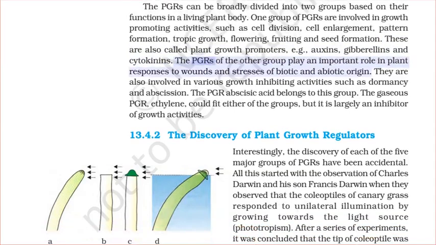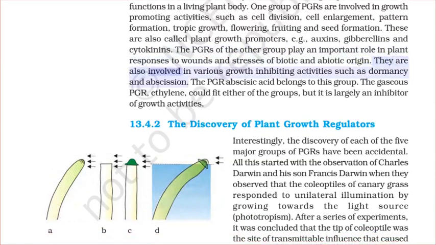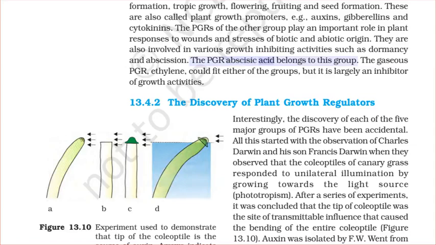The PGRs of the other group play an important role in plant responses to wounds and stresses of biotic and abiotic origin. They are also involved in various growth-inhibiting activities such as dormancy and abscission. The PGR abscisic acid belongs to this group. The gaseous PGR ethylene could fit either of the groups, but it is largely an inhibitor of growth activities.